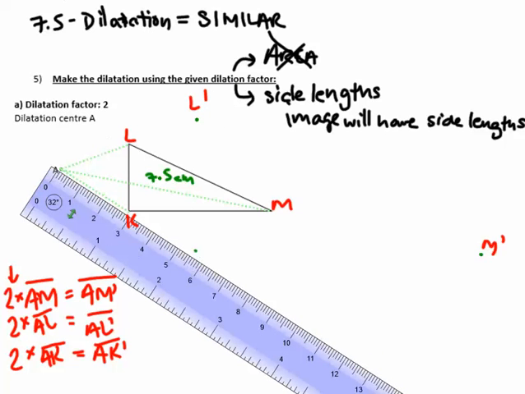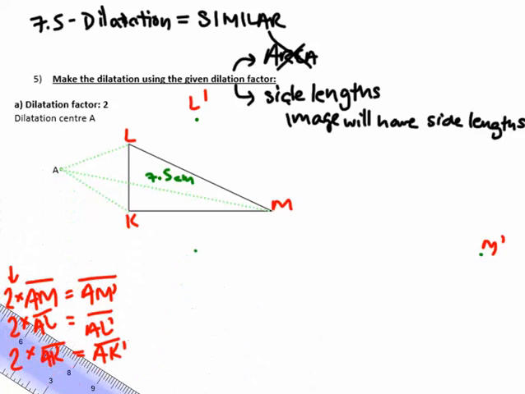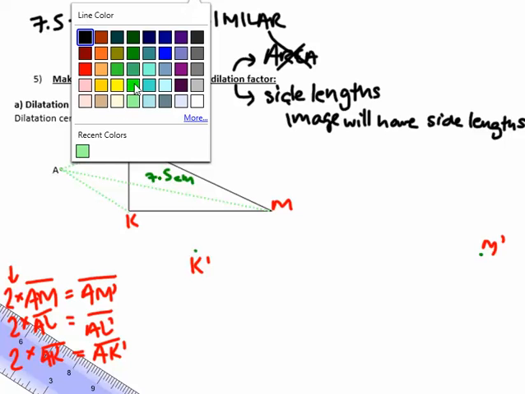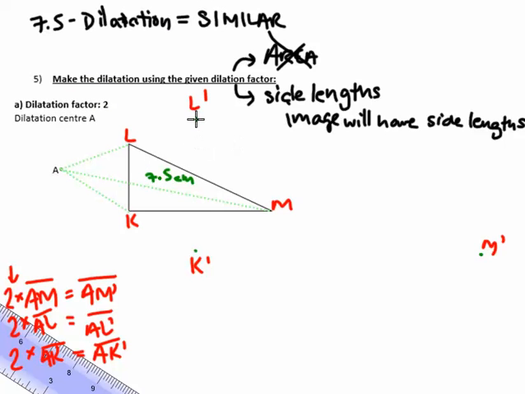Let's just move this ruler out of the way since I don't need it yet. K prime is here and M prime was still over there. I'll now connect all 3 points and I'll choose a different color this time. Let's stick with green, a darker green now. And let's connect these dots.